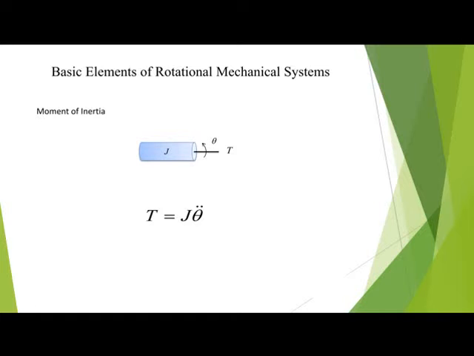T is equal to J into the double derivative of theta, that is, J d square theta by dt square.